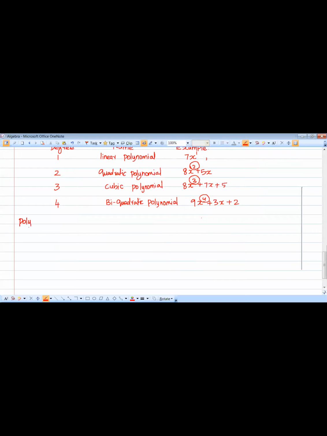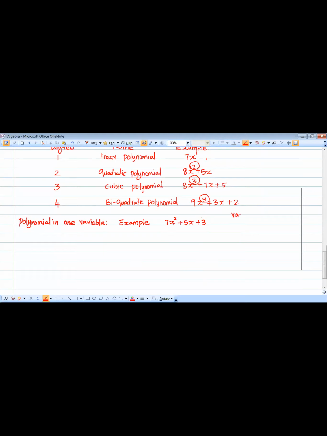Polynomial in one variable. So what is polynomial in one variable? Let me tell you one example. 7x square plus 5x plus 3. Here, how many variables are there? Only one variable.